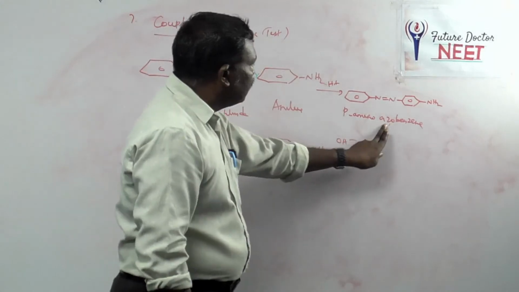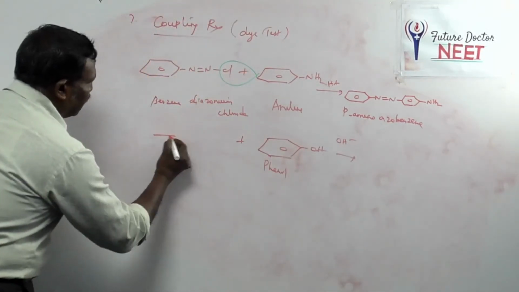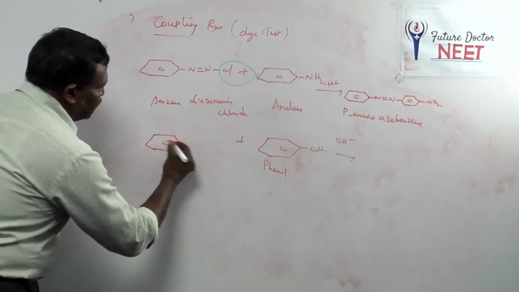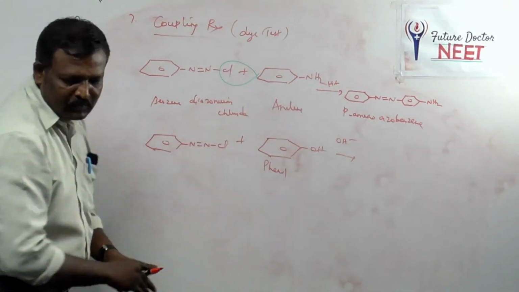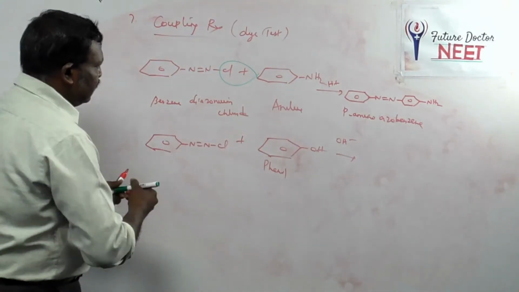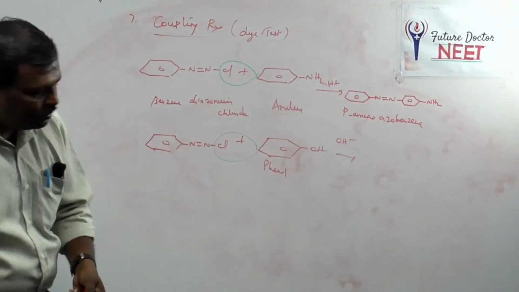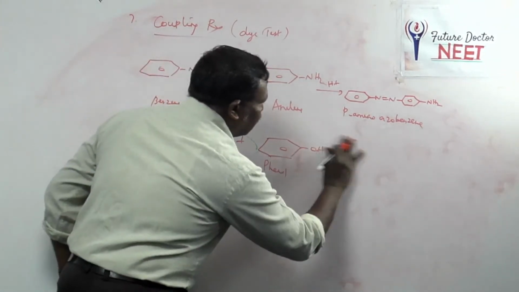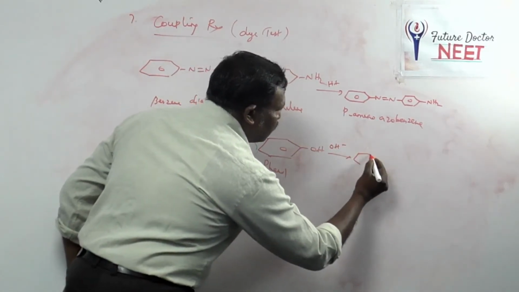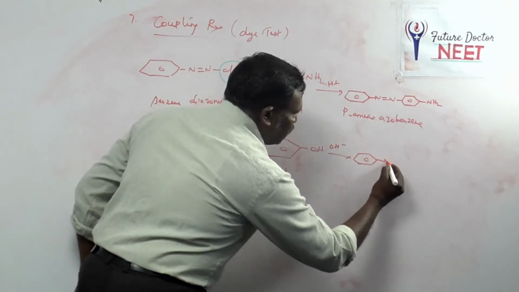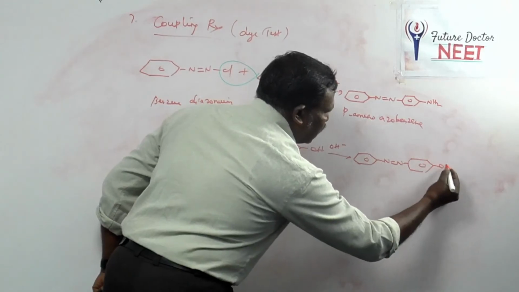Here, this one, tell me. Here also I put benzene diazonium chloride, N double bond N, Cl. Understood? Same, this is all very simple. HCl is removed. The product is what? OH minus, here OH.